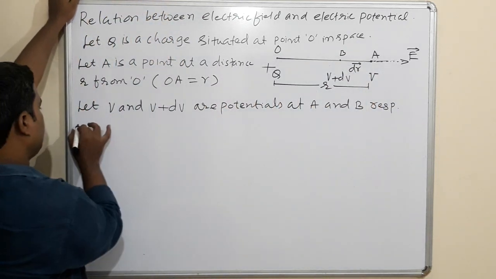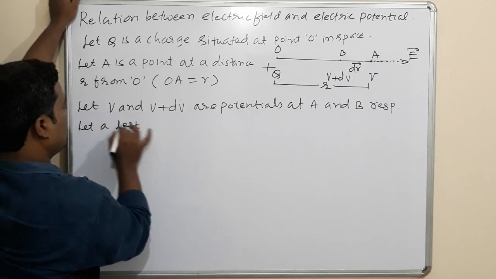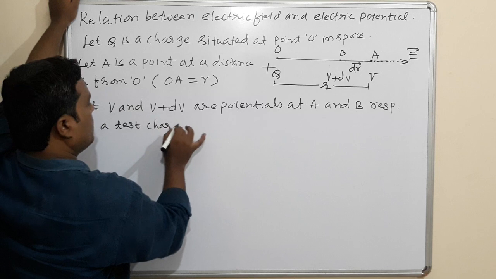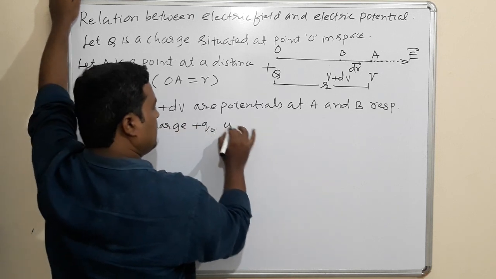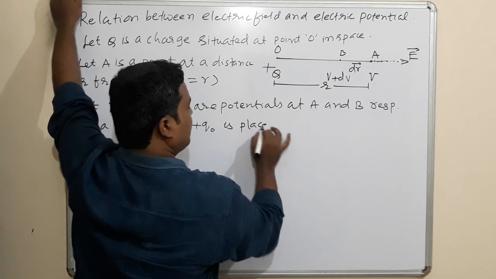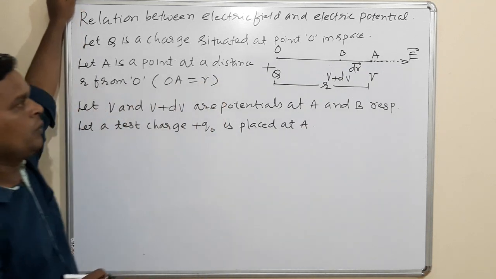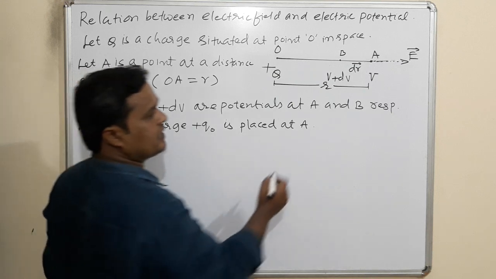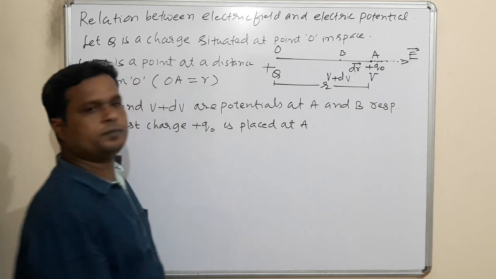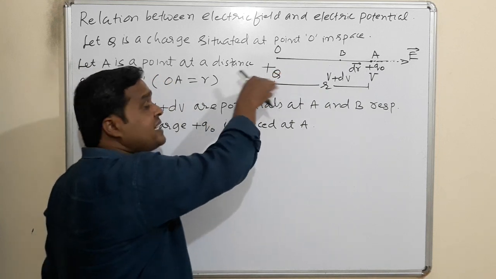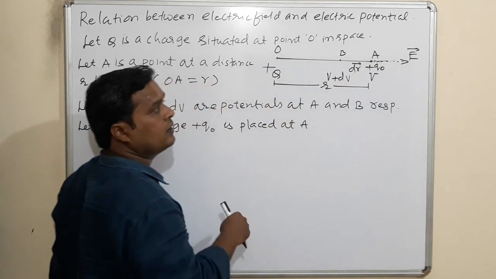Then let a test charge plus Q naught be placed at A. When I place a test charge plus Q naught at A, then because of this source charge, it will experience a force in this direction.